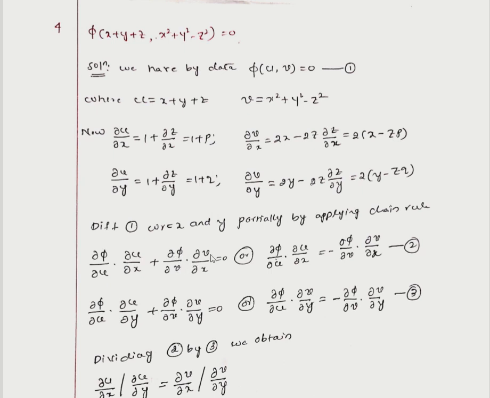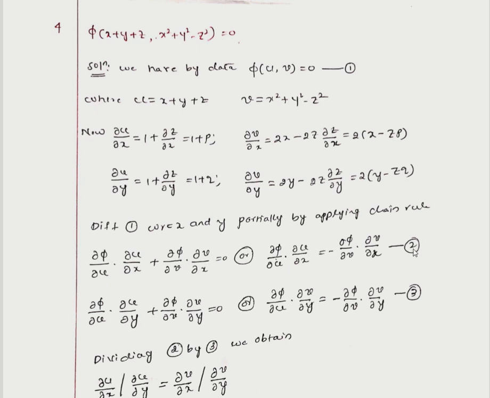Next, we differentiate v with respect to x, ∂v/∂x, that is equal to 0. This is the chain rule. Therefore, shifting this term, ∂φ/∂u times ∂u/∂x is equal to minus ∂φ/∂v times ∂v/∂x.